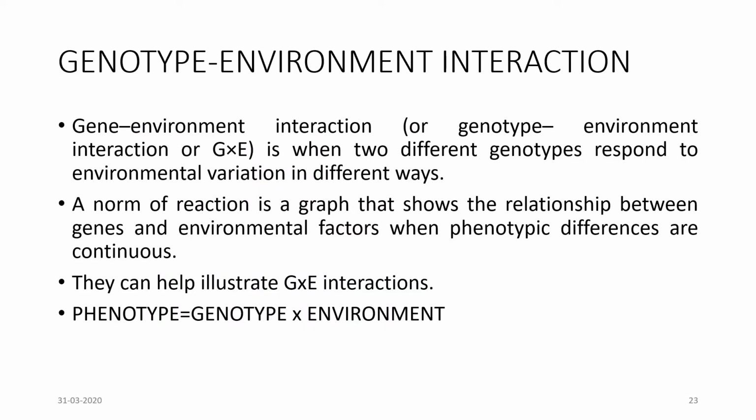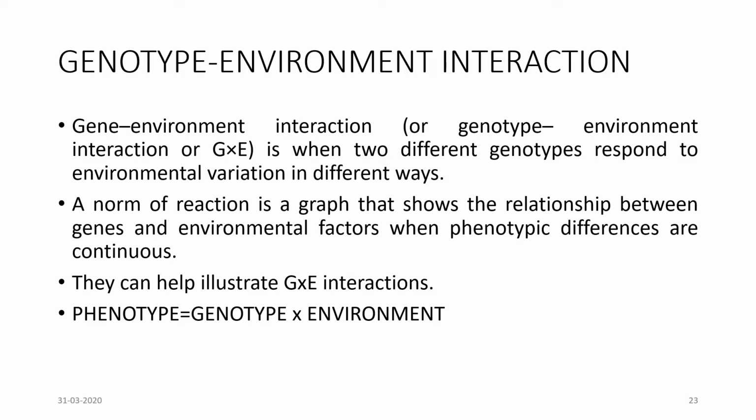So the genetic makeup and environment, as always, have an interaction. If you have two genotypes and one type of environment, both genotypes will differ in their interaction or response.